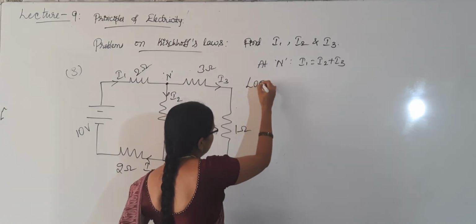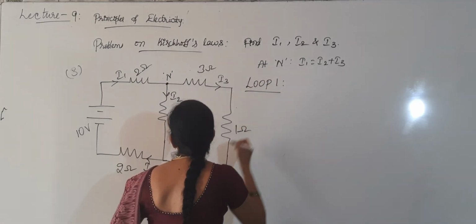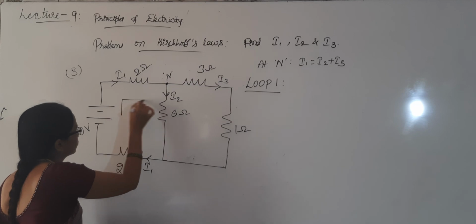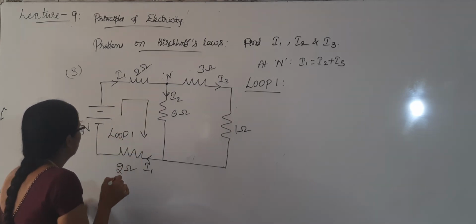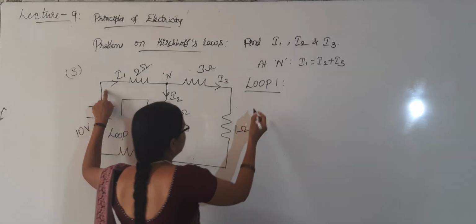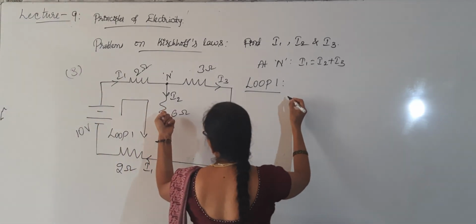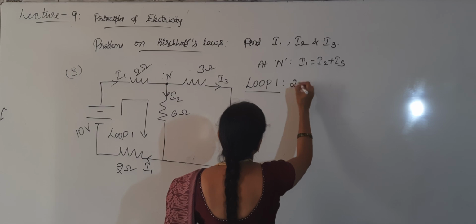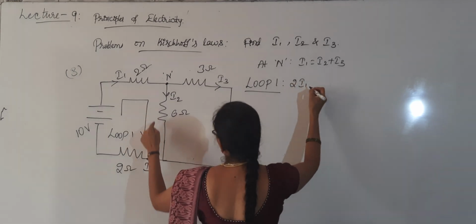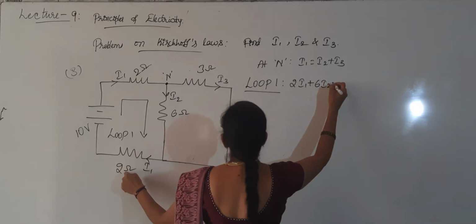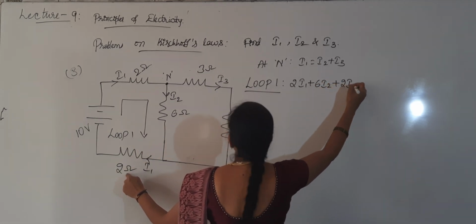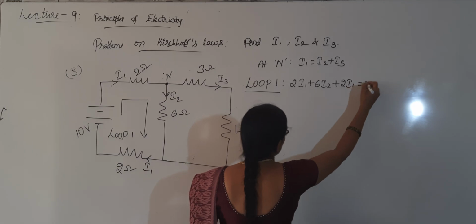Applying KVL to loop 1 in this direction, what happens? I will start from here. 2I1 plus 6I2 plus 2I1 is equal to 10.